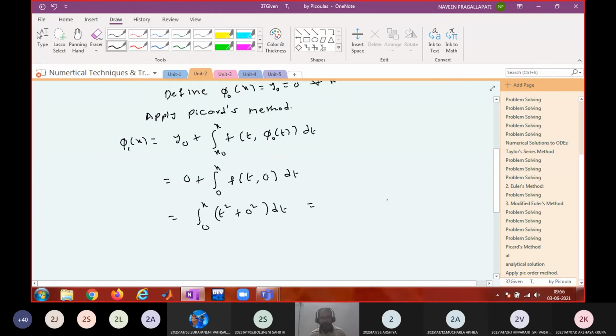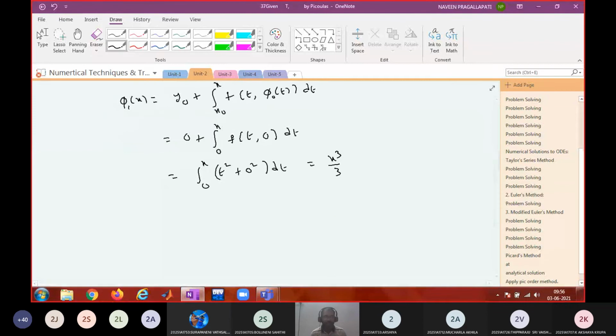So what is the answer? X cube by 3, sir. X cube by 3. Now find phi 2. Find at least 4 non-zero terms.